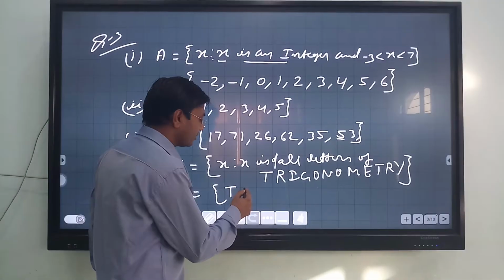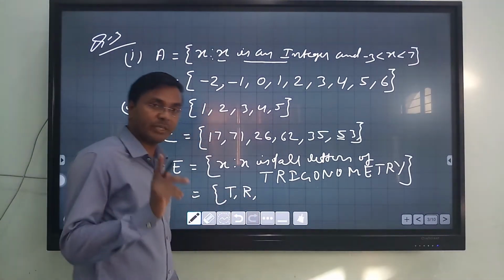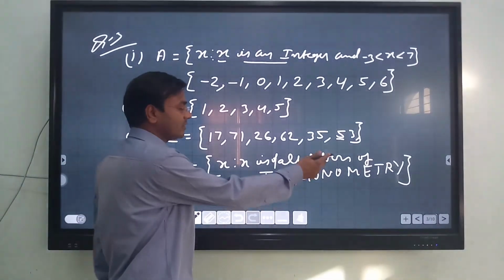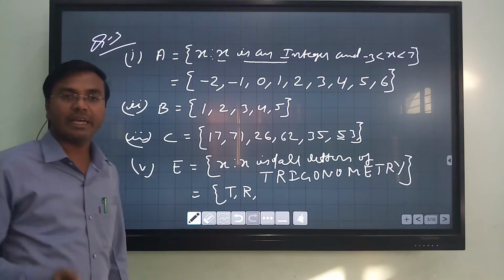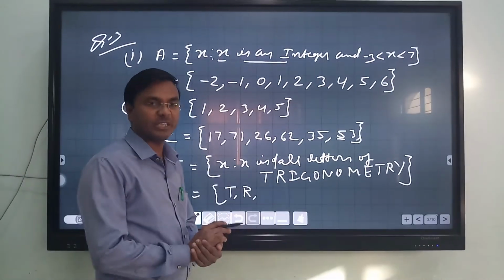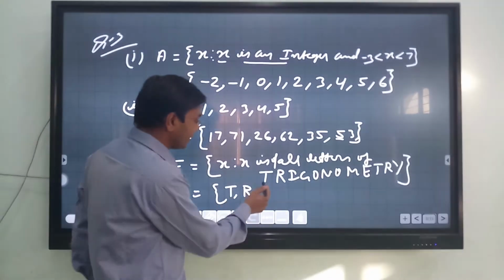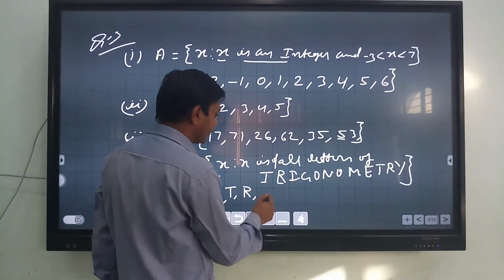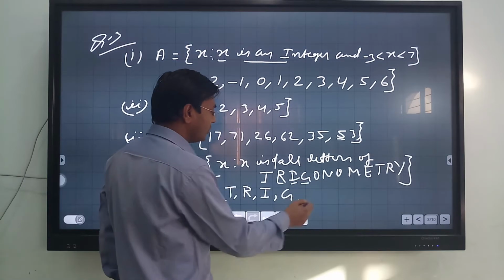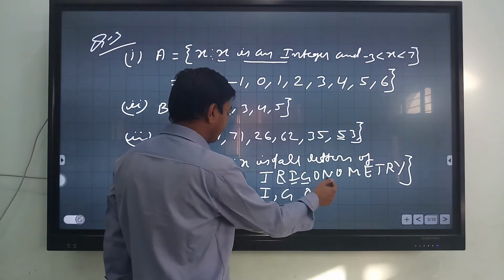T. Make sure the letters should not be repeated. As we studied, this is one of the characteristics: we can write these letters in any order, ensuring that no letter is repeated more than once. So T has come, then R, next I, and next G, O, then N.